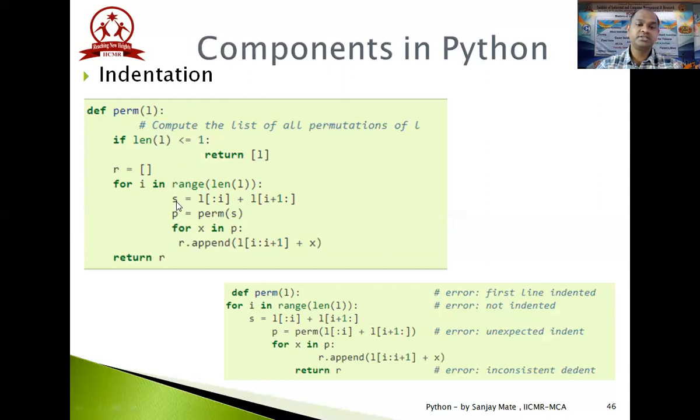Now S is equal to this and P is equal to this. All these statements are under this for. So this is what indentation is. Return R is not under the for block. In this way, without putting curly braces, we can include the statements in a particular block.